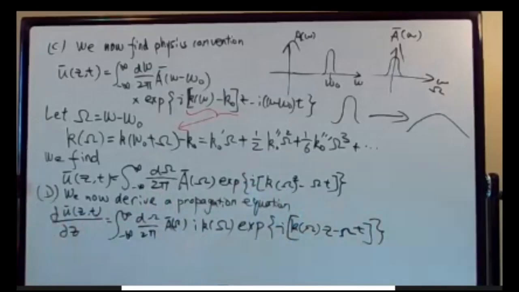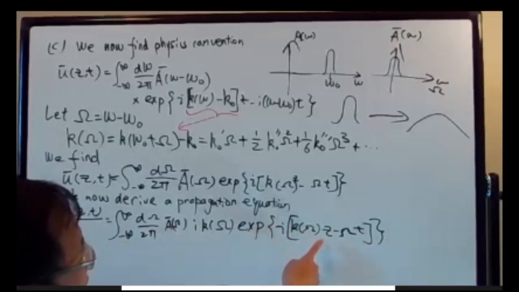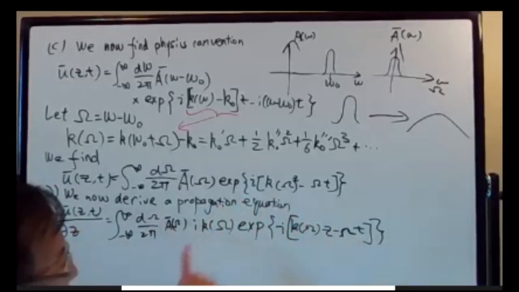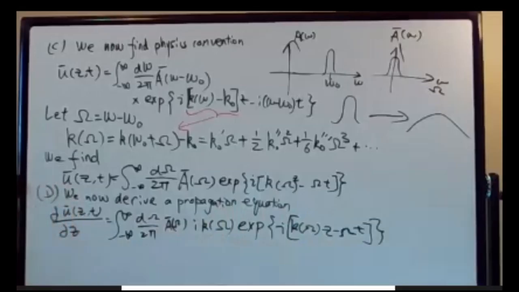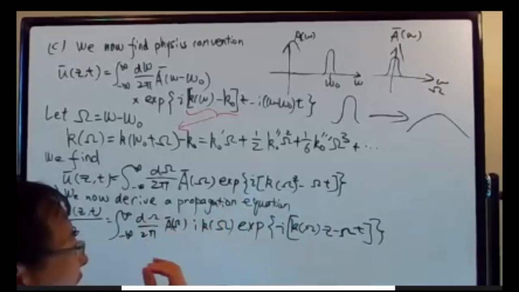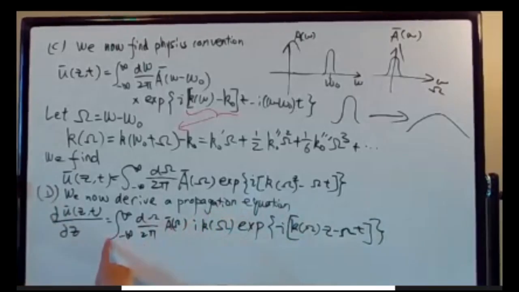So in other words, when we take an inverse Fourier transform, this A(omega) stays, and we take a derivative of the k(omega) z term, then we move i k(omega) here. So let me ask a question. If this k is not omega dependent, in other words, if we have it in the air, in the vacuum, k is a constant, then this constant will simply move out.